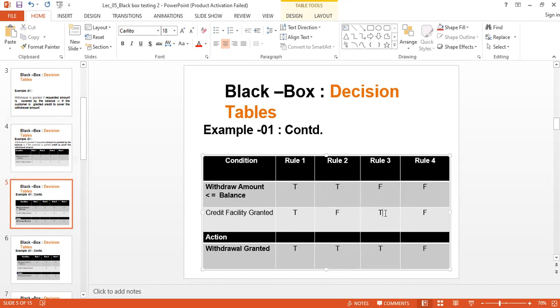In one case, the bank will grant the credit, so the customer can do the withdrawal. But let's assume the customer is requesting more than the balance value to withdraw, and the bank is not facilitating the credit, so the customer can't get the money. So this will be your decision table. Got the point?